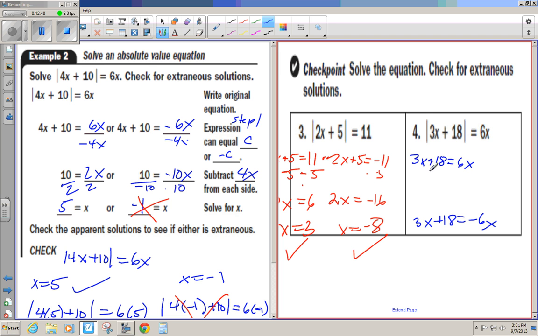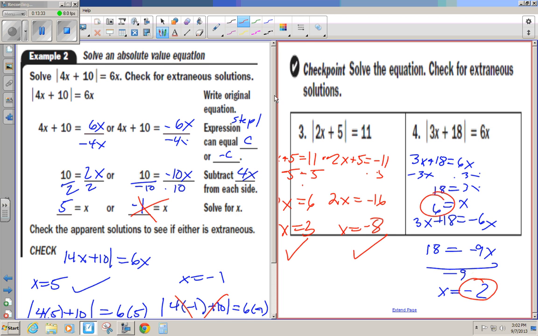Subtract 18. Oh, no. Subtract 3x this time from both sides. 18 equals 3x. That means x equals 6. Down here, it becomes 18 equals negative 9x. Divide by negative 9. x is negative 2. So our two solutions are 6 or negative 2.